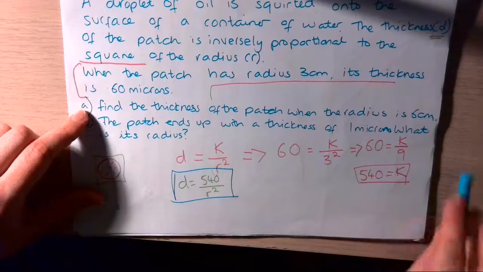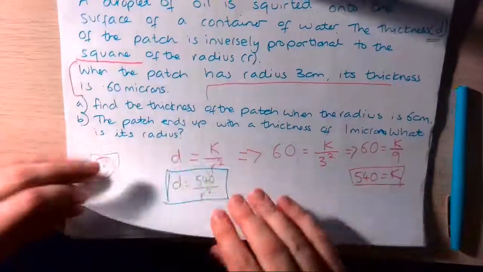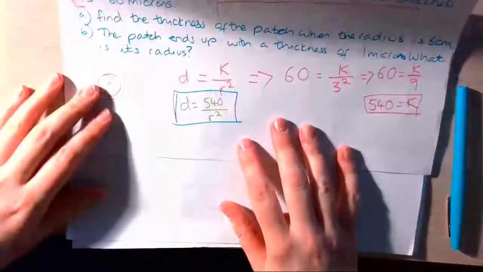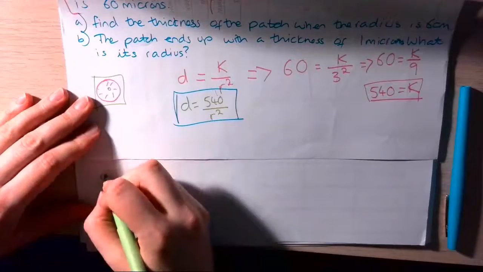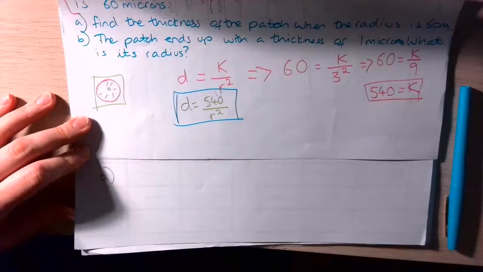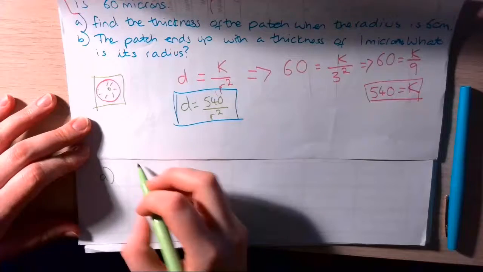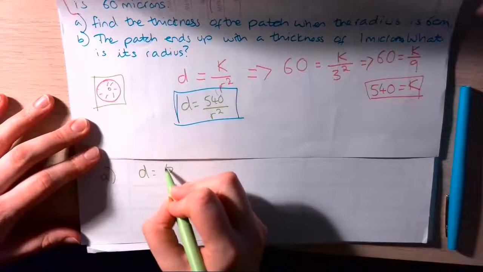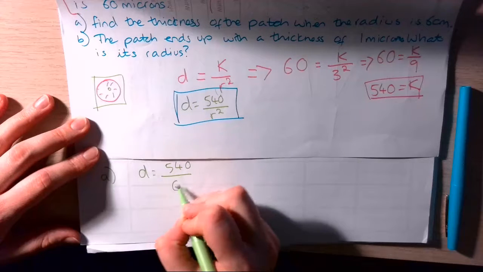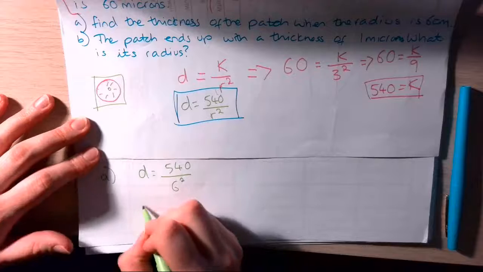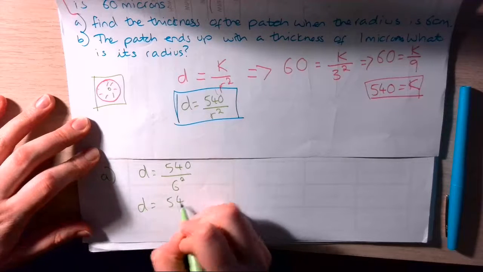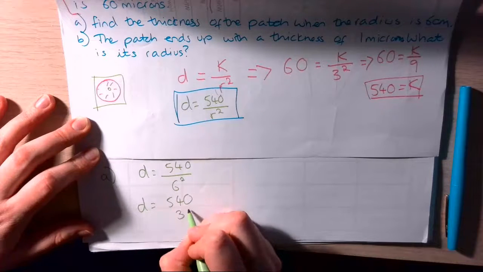And we've got 2 parts to this question. So I might just move this page up a little bit. Need a bit more space. So A, find the thickness of the patch when the radius is 6 centimetres. So we've got d equals 540 over 6 squared. That becomes d equals 540 over 36.